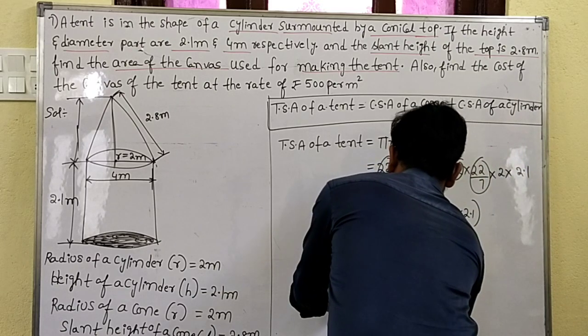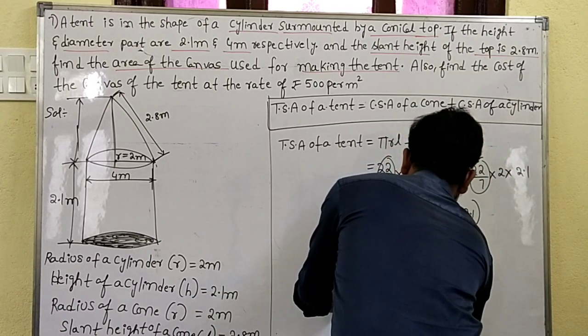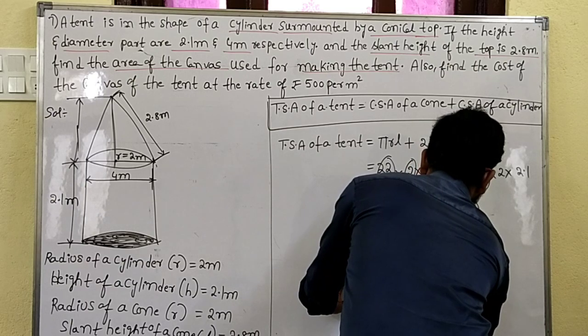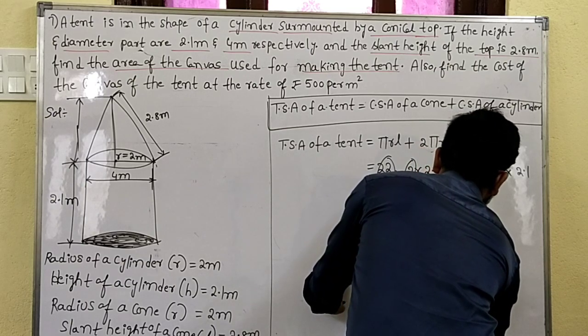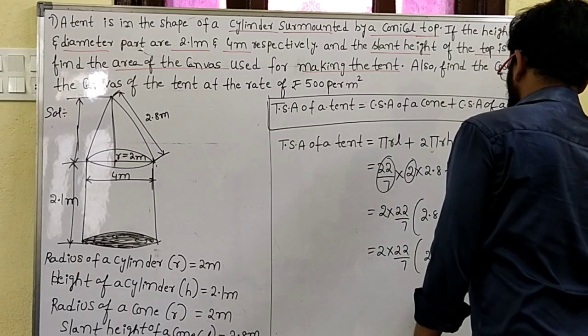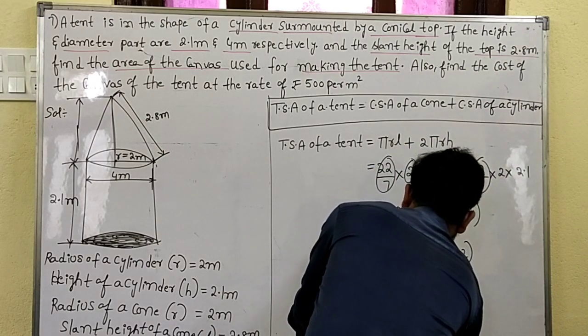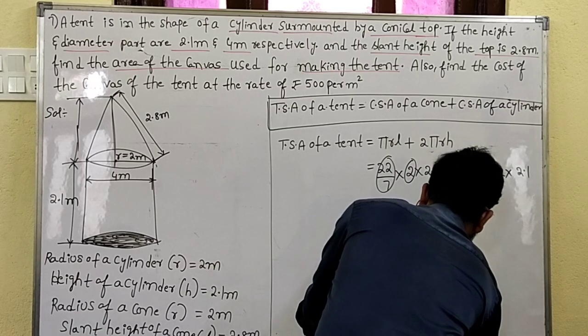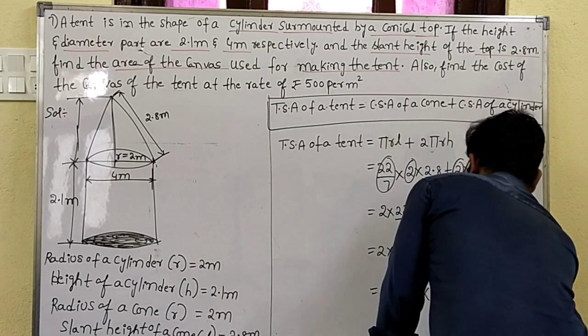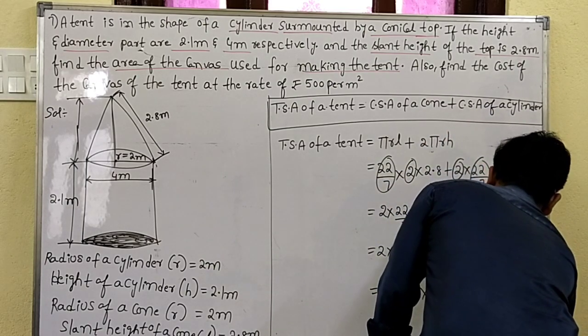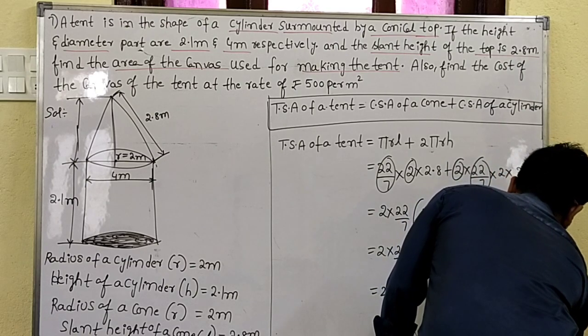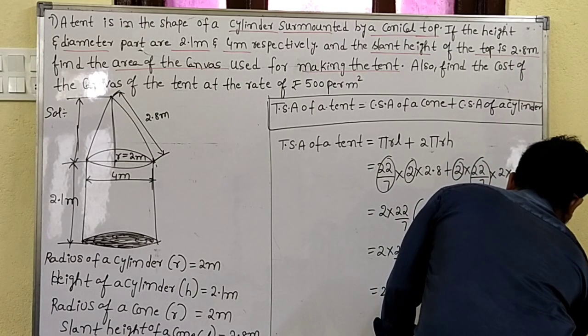So it will be 2 into 22/7 into 2.8 plus 4.2, which is 7. The 7 gets cancelled, so it will be 2 into 22, nothing but 44 meters square.